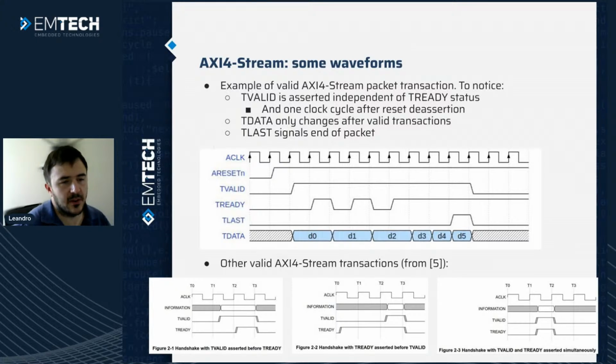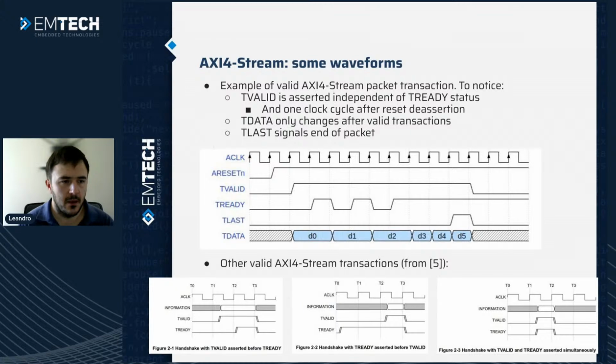One thing that's a common problem when people deal with AXI Stream is that they change data when they shouldn't, and you can see here very clearly that TDATA is only changing after valid transactions. What I did here is I introduced some kind of toggling in TREADY.